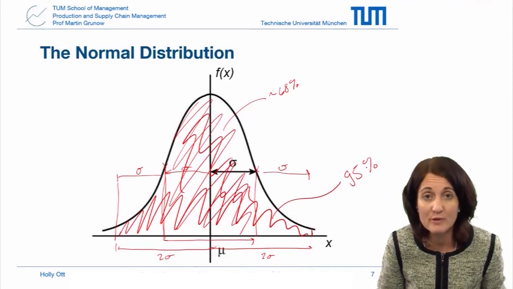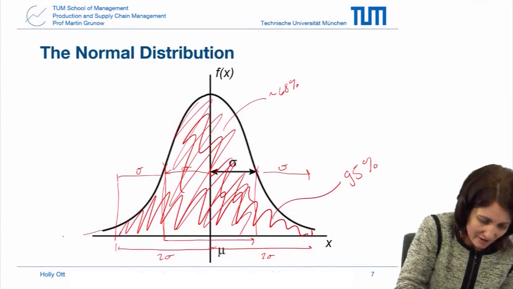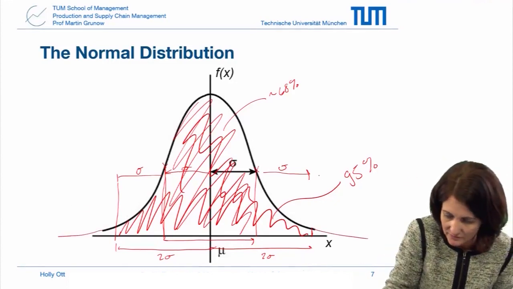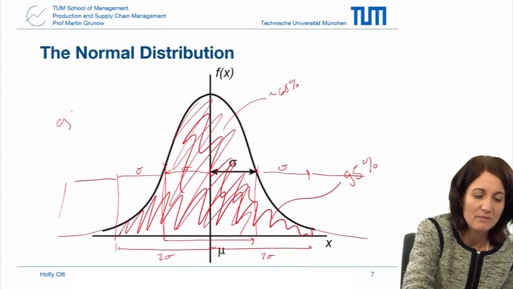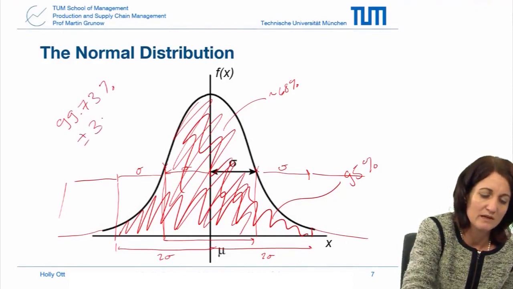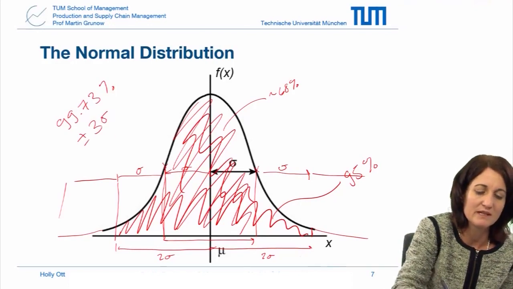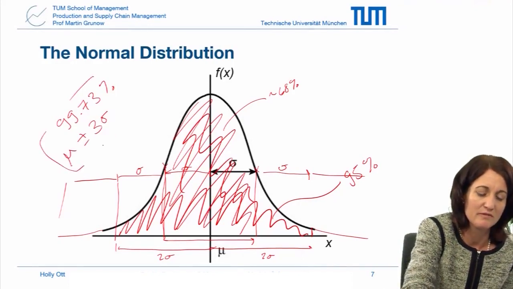And if we go to 3 standard deviations of the mean, we're even off my picture here, 3 standard deviations, we get a whopping 99.73% within plus or minus 3 standard deviations of the mean.